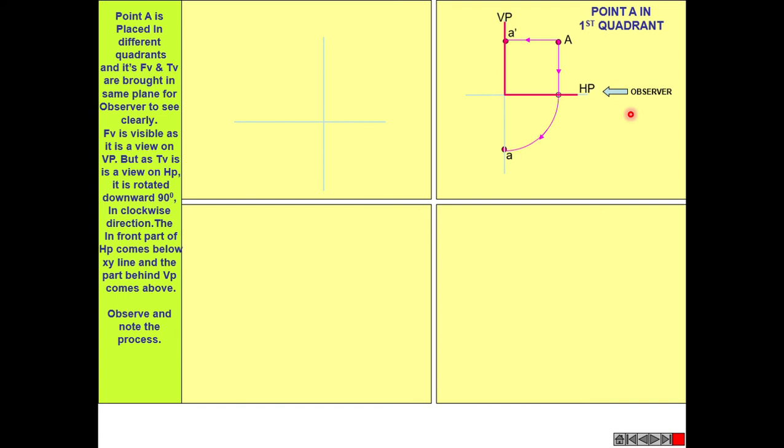In case of the second quadrant system, this is the vertical plane, this is the horizontal plane, and the position of the observer remains constant here. Point A is placed now here. The observer is able to see this point A because we consider this vertical plane as a transparent one.